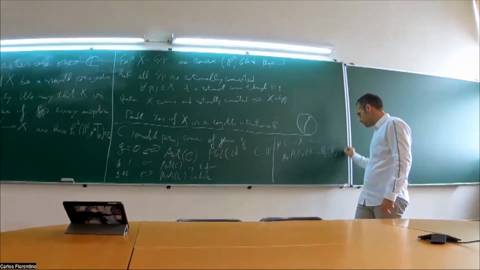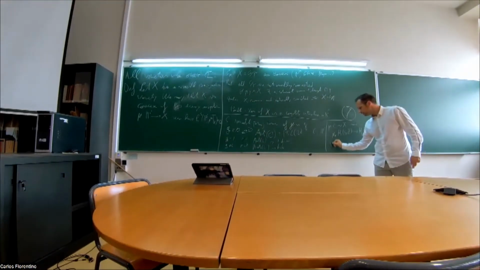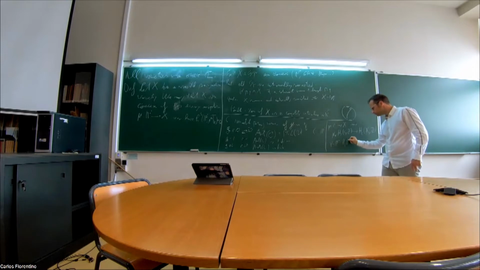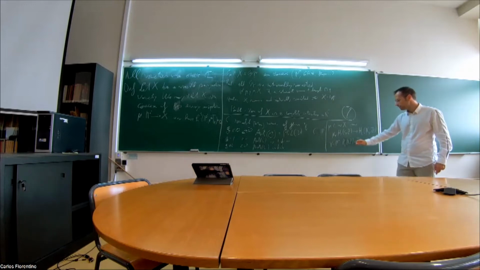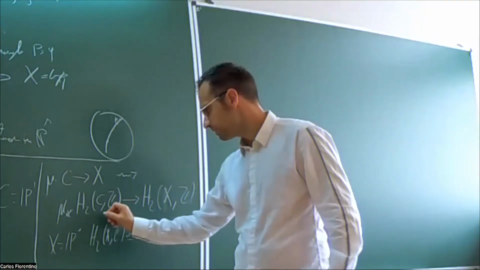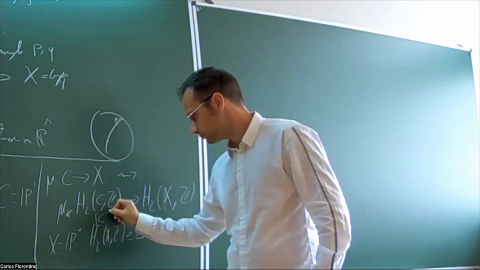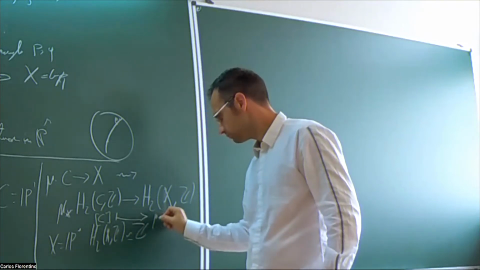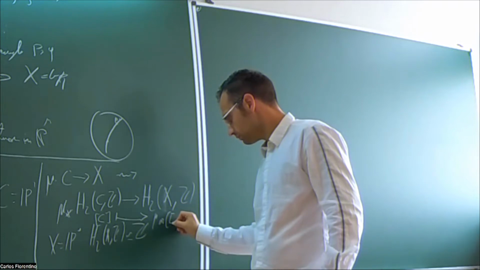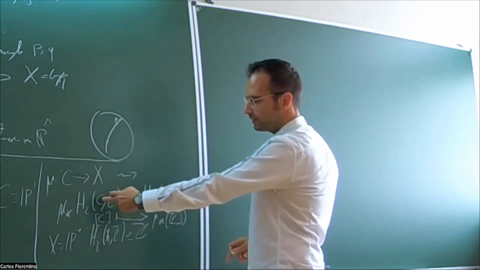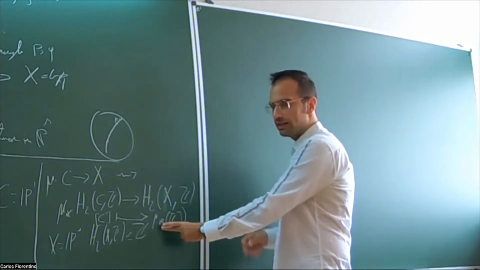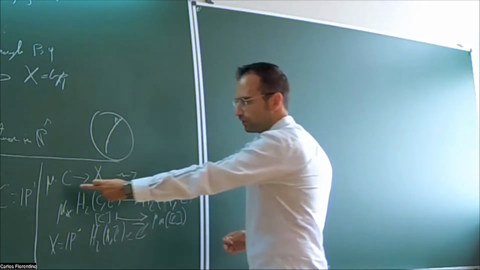In particular, when X is the projective space, the singular homology is Z, and the image of the fundamental class of C is the degree of the image of the map mu.